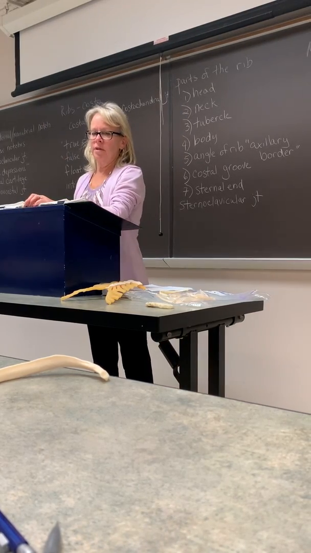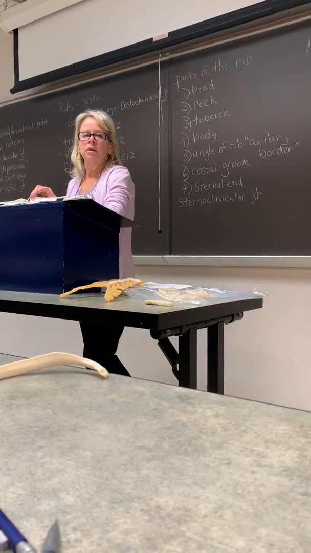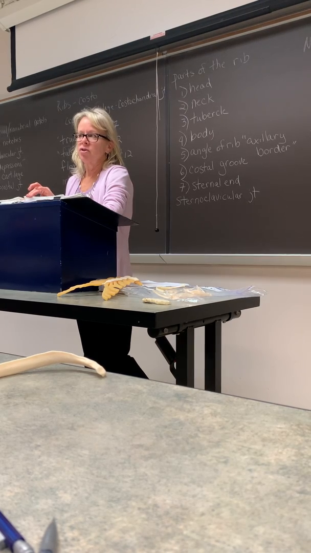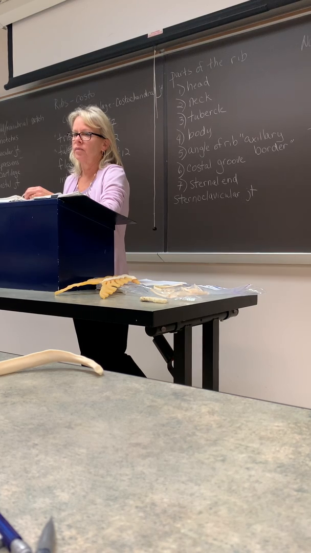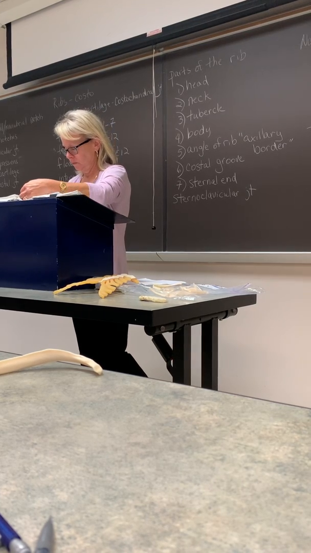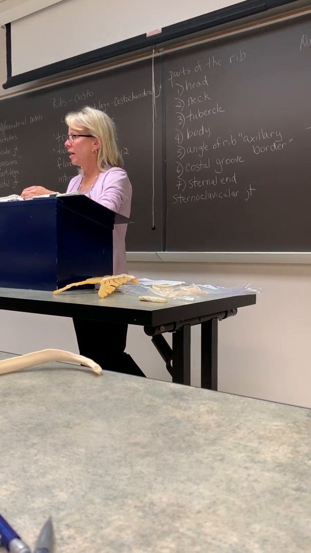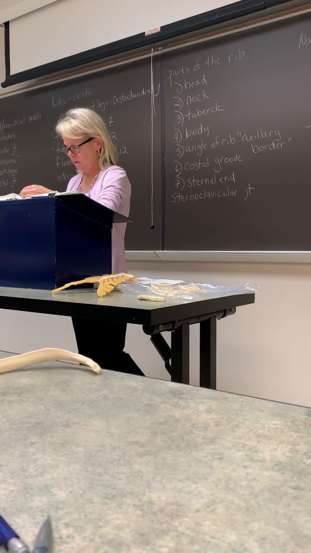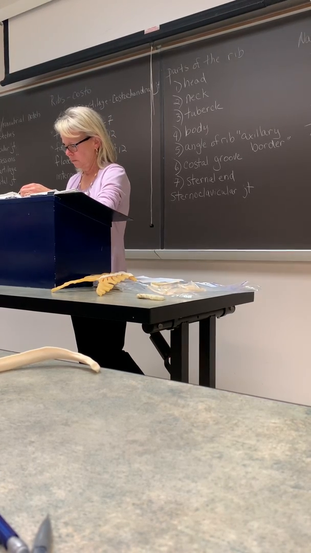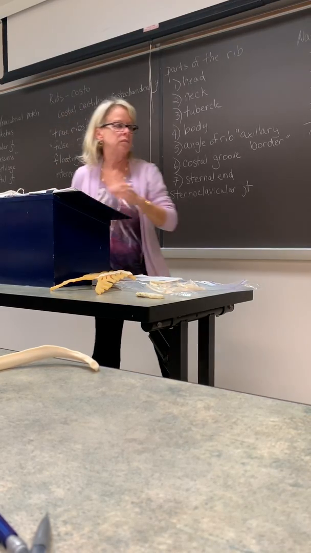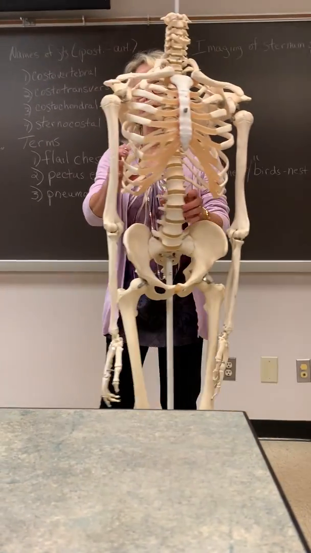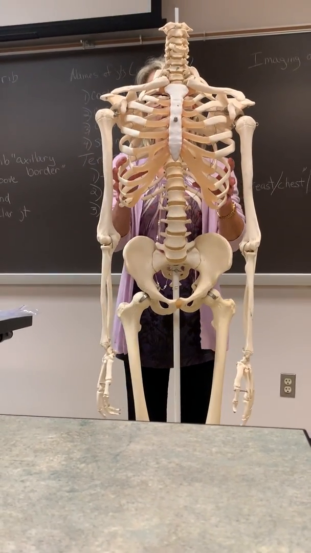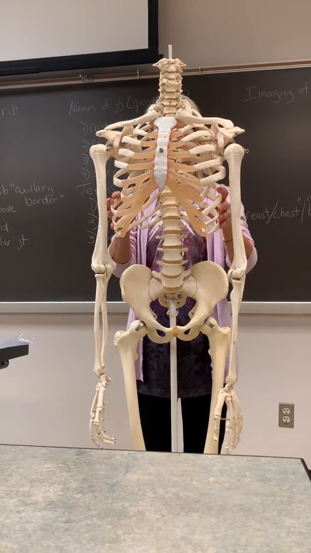Okay, oblique ribs. Oblique ribs demonstrate the axillary border or angle of the rib. So let's just say I did an RPO.